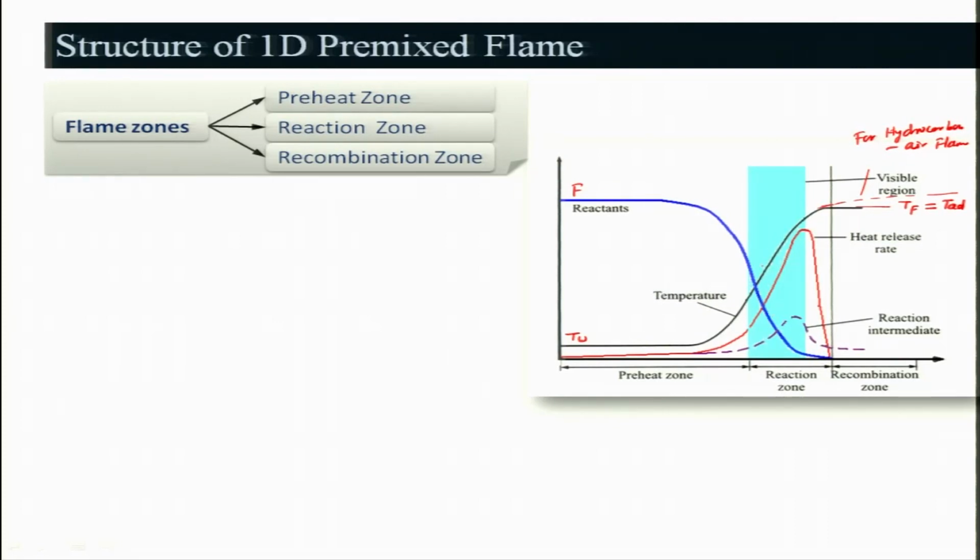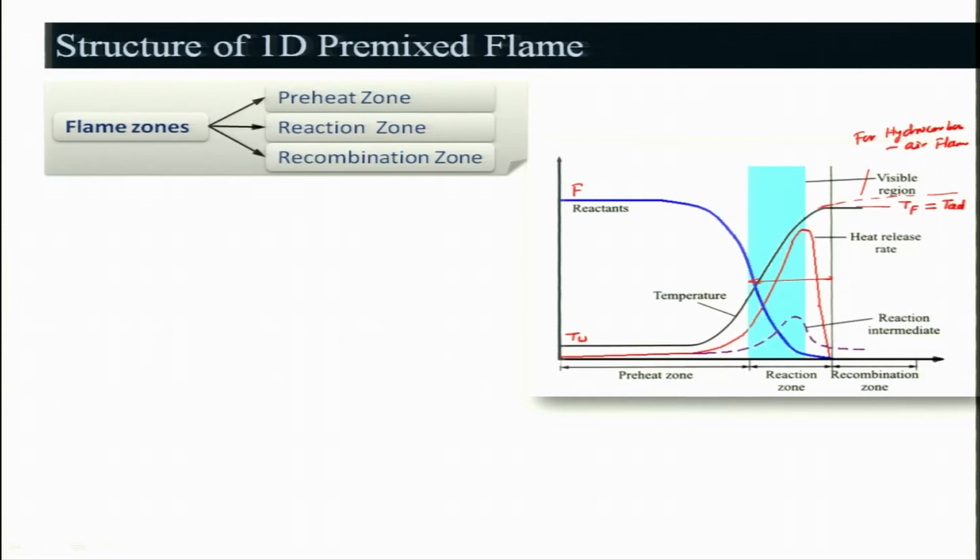Keep in mind that this is the zone which is very important, known as the reaction zone, and this reaction zone will be heating up this preheat zone, therefore we call it the preheat zone. And recombination, where some of the products will be going on.